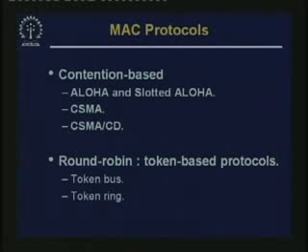There are other variants like Carrier Sense Multiple Access with collision avoidance. Aloha and slotted Aloha are for satellite, CSMA CD is used by Ethernet in many situations, and CSMA CA may be for cellular communication, etc. So, these are contention based MAC.